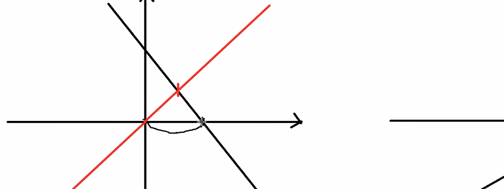Or maybe you can draw a 45 degree line in here, so you can find the intersection in here. After we find two points in here, we just connect. And now we got the inverse function.